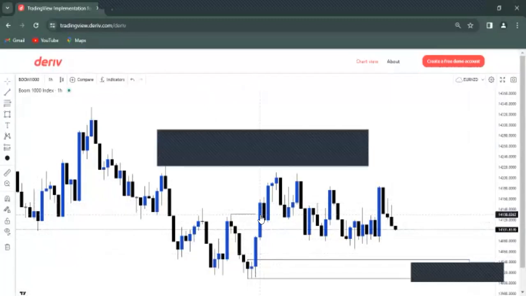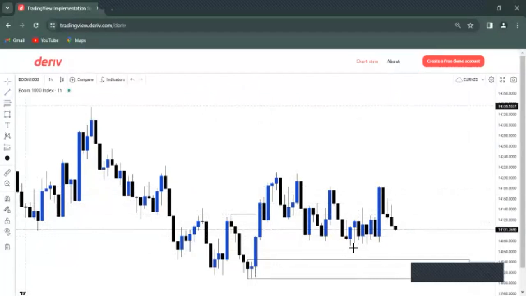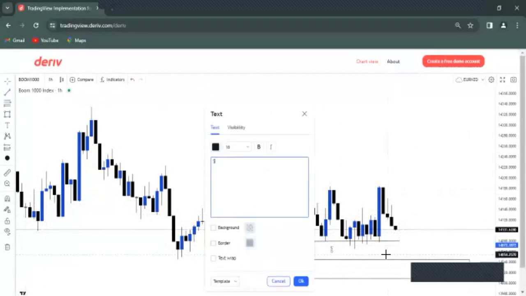And then, what is price doing now? We had the liquidity here. This is the sell side liquidity.